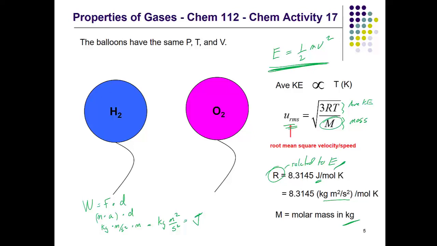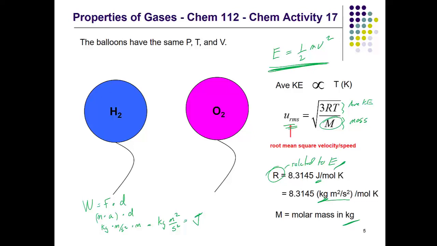And perhaps you see why, because our R term is also in kilograms. So this is why I just don't put a lowercase m. Of course, there's a little bit of confusion here because that m could also stand for molarity. So hopefully you appreciate in this context, this corresponds to mass in kilograms.